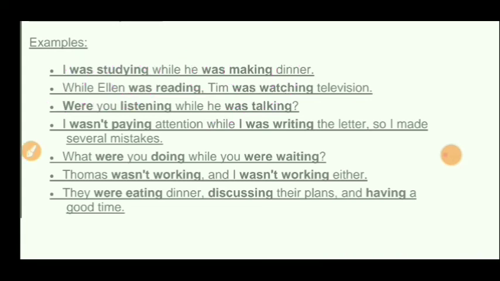In the other example, while Ellen was reading, Tim was watching television. So again here two actions happening at the same time. Suppose Ellen and Tim are brother and sister, and Tim was watching television.